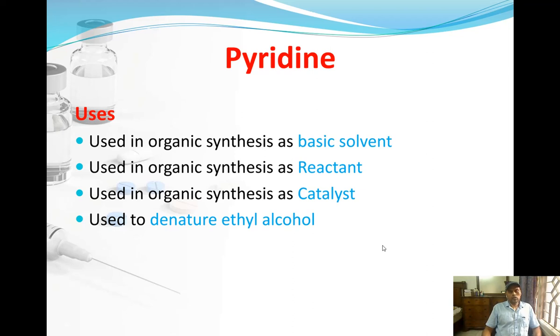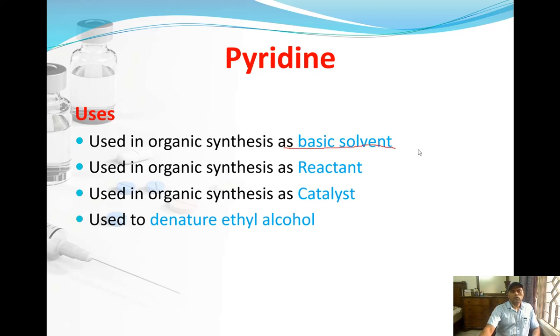So let's look at the uses of pyridine. I have distinguished them into general uses, then biological uses and medicinal uses, or the importance of pyridine. Under the uses, it is used as a basic solvent.